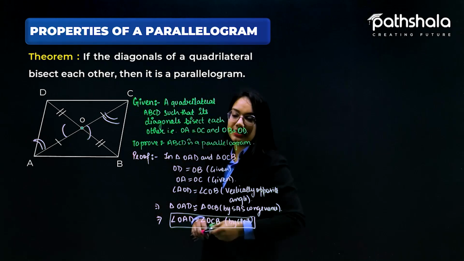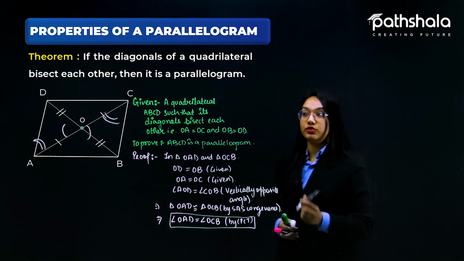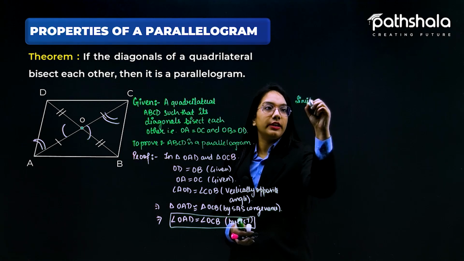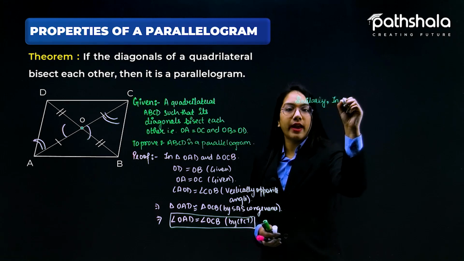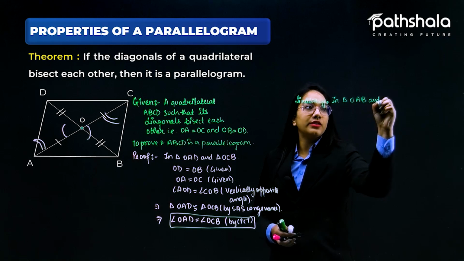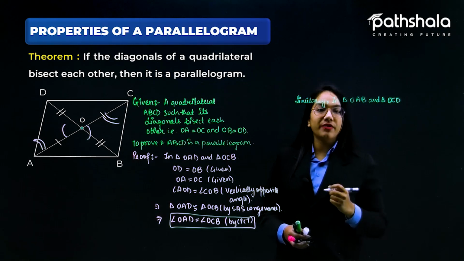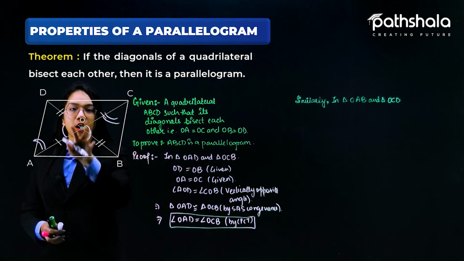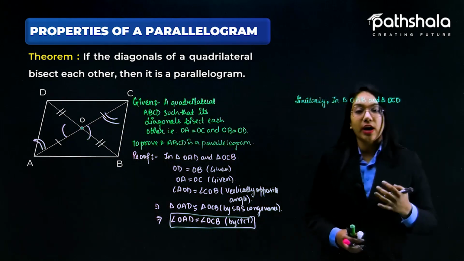Now, in a similar manner, let us take the other two triangles. Similarly, in triangle OAB and triangle OCD, we can further prove that the two triangles are congruent.